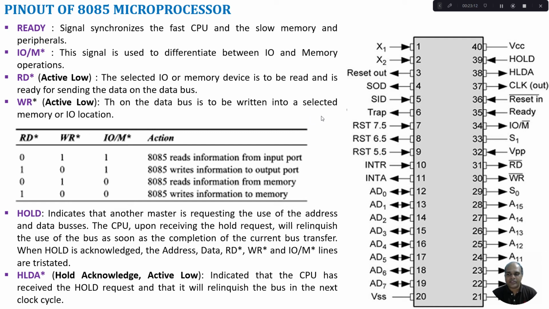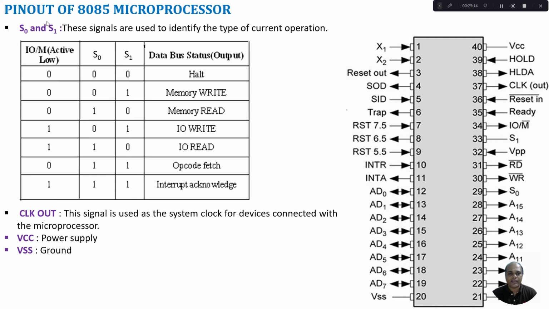Then we have status lines S0 and S1. These signals indicate what type of operation is currently being performed by the CPU, so they need to be taken into account together with the IO M bar signal. As I said, if IO M bar is 1, it indicates an IO operation; if it is 0, it indicates a memory operation.